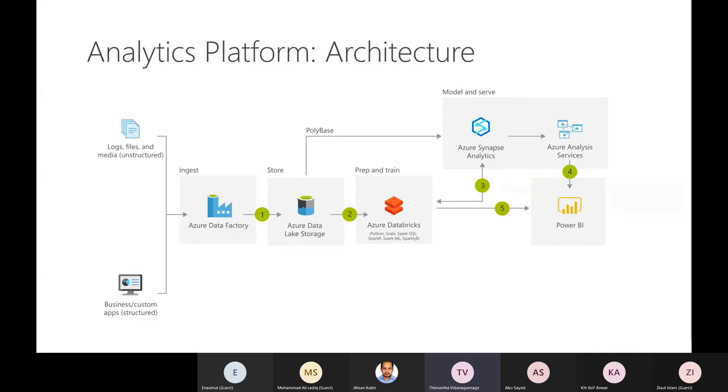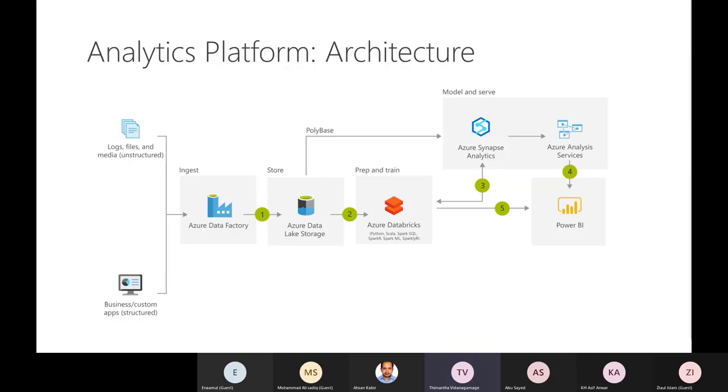So the analytics platform is everything starting from the data ingestion through Azure Data Factory to the data that is loaded and available in Azure Analysis Services.